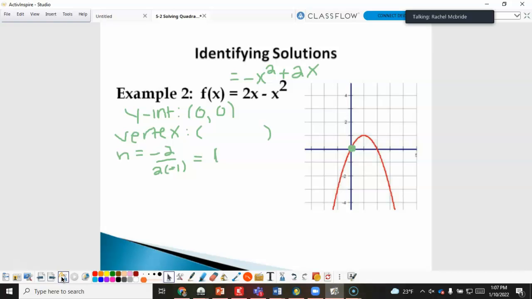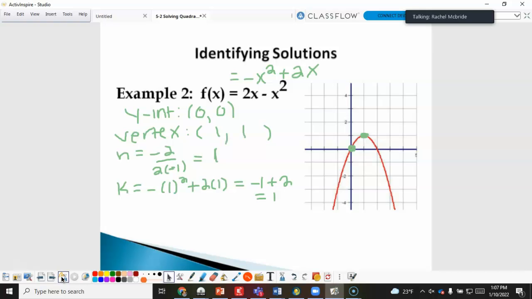So we can see that the vertex x value is 1, the y value comes from plugging 1 in. So my vertex was at 1, 1.